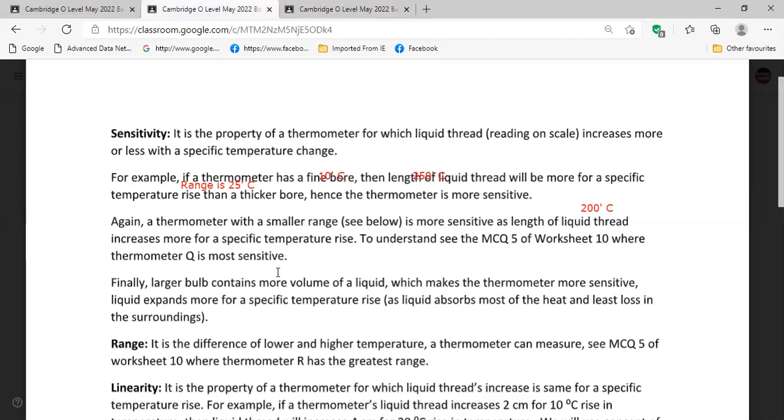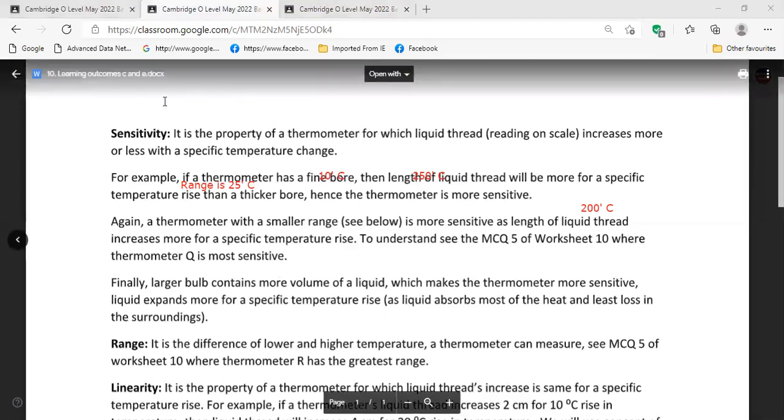Alcohol is expanding more for a 5 degrees Celsius temperature rise. The same amount of liquid is in the bulb and the capillary is also the same, but because of their molecular structure, alcohol expansion will be more and water expansion will be less. So which one is more sensitive? Alcohol.